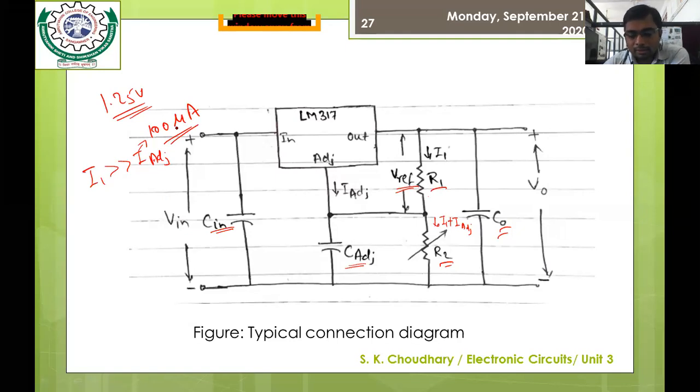So from this connection diagram, we can elaborate the equation. What is the value of IR2? From this connection, can anyone tell me the value of IR2, the current flowing across the R2 resistor?